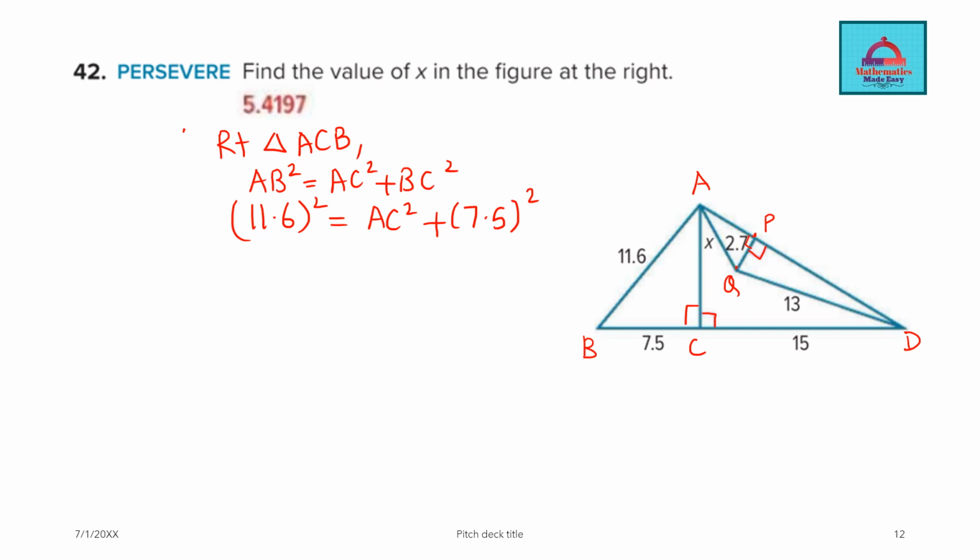So 11.6 whole square is 134.56 minus 7.5 whole square is 56.25. That's going to be AC square. So your AC square on subtraction comes out to be, let's find the value. So we are going to subtract the two numbers.